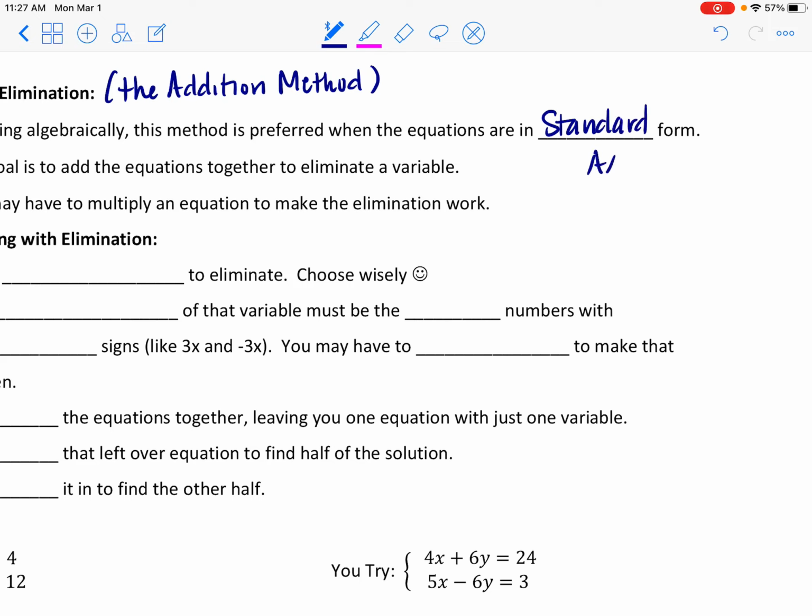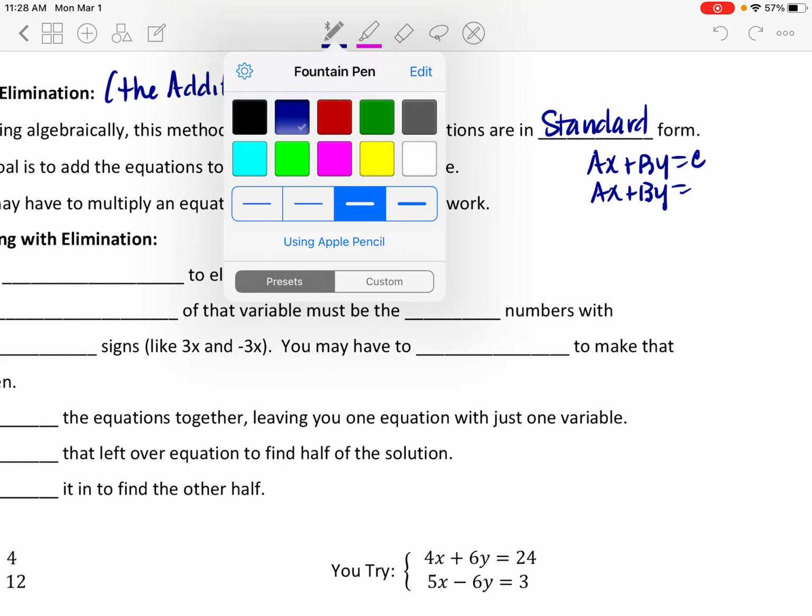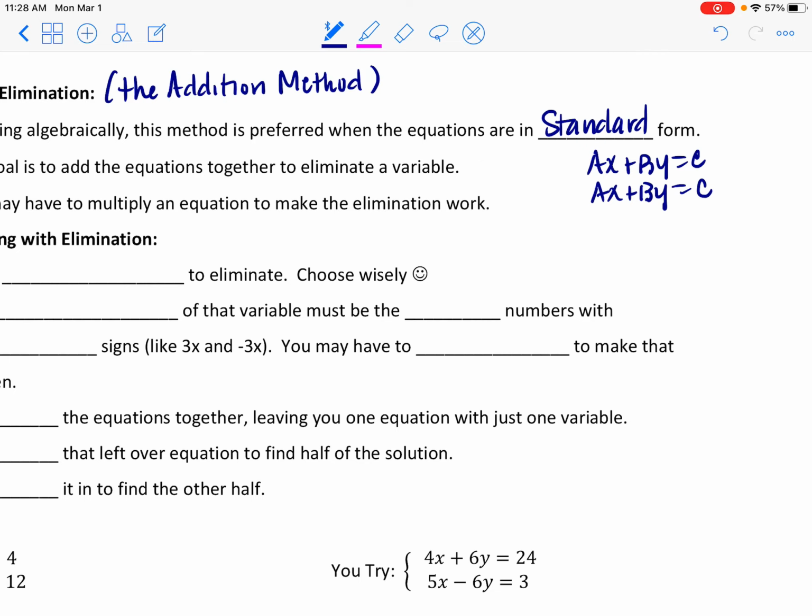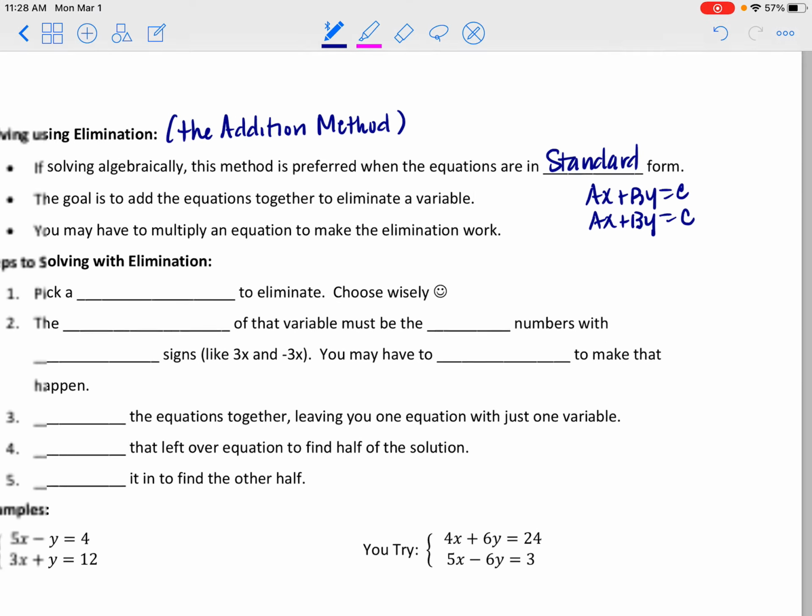That's where your x's and y's are all lined up, right? Ax plus by equals c for both of them. So the x's are lined up, the y's are lined up, the constants are all lined up. Everything is aligned. That's the goal. Or that's the preferred setup if we're going to use elimination or the addition method.